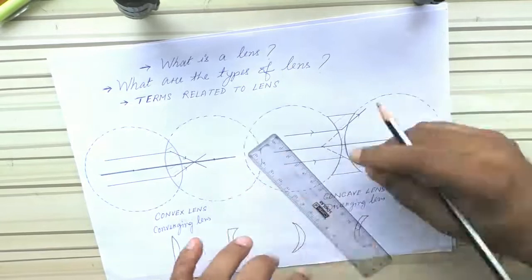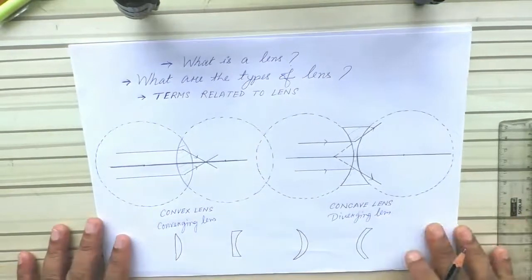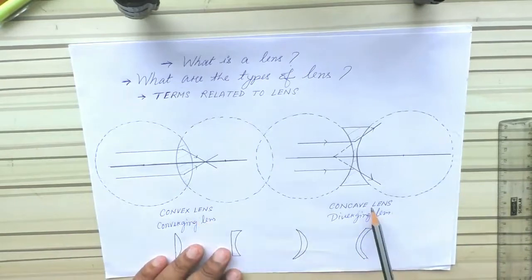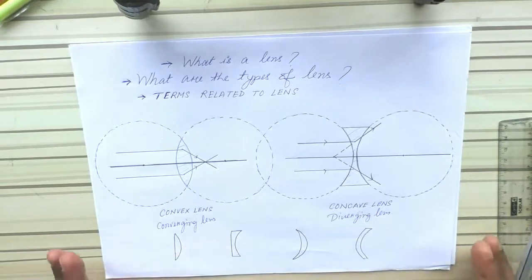And thereby this one is diverging lens. So if I ask you what are the two types of lens, one is convex lens, another is concave lens. Convex lens is also called converging lens. Concave lens is also called diverging lens.